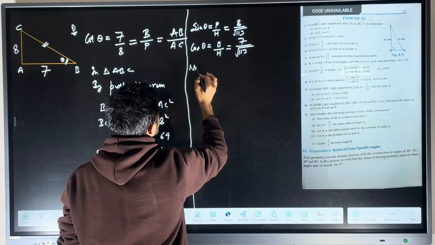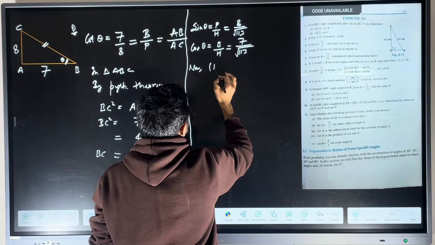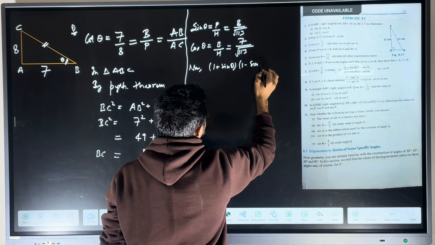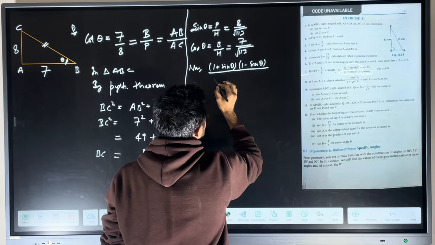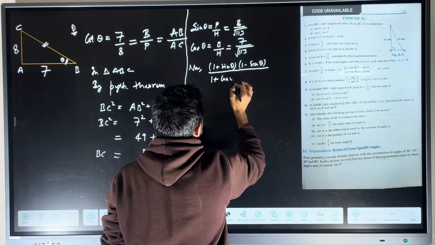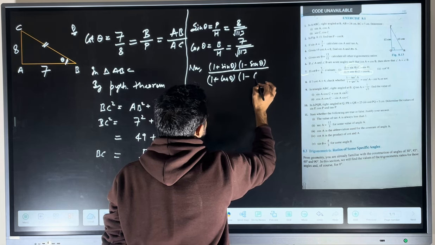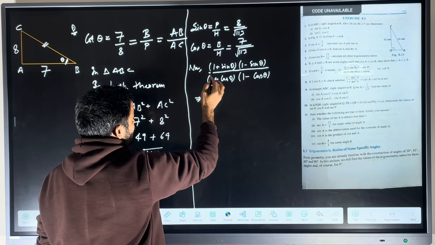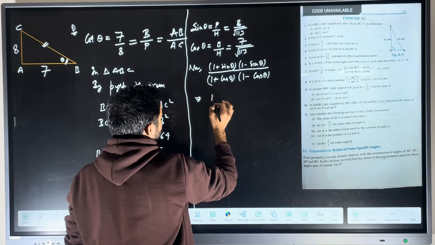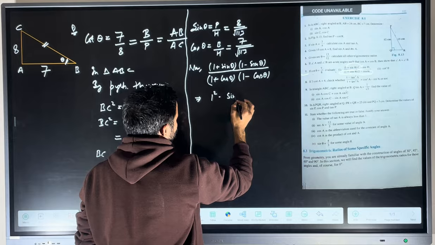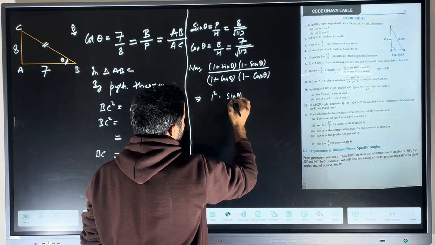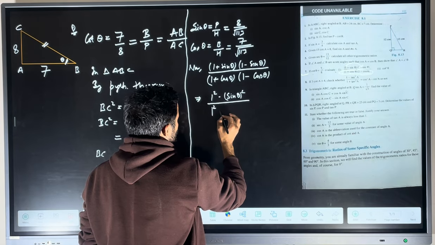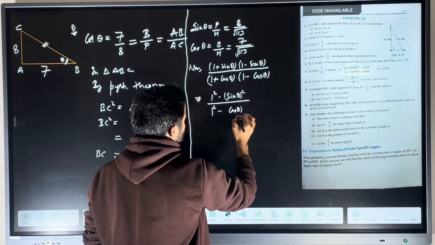Now (1 plus sin theta) into (1 minus sin theta) upon (1 plus cos theta) into (1 minus cos theta). If I apply the formula of (a plus b) into (a minus b), it will be a square minus b square, and in the denominator also a square minus b square.